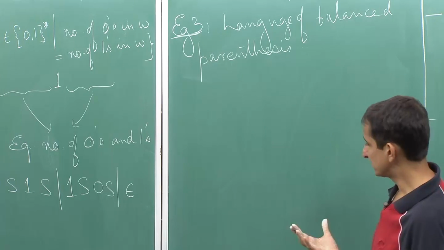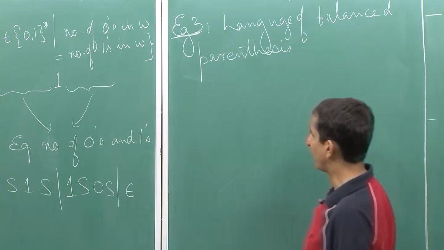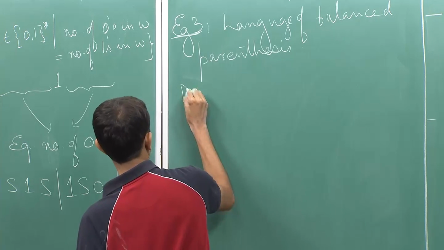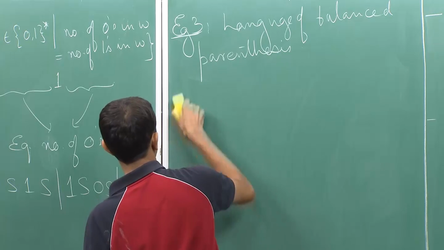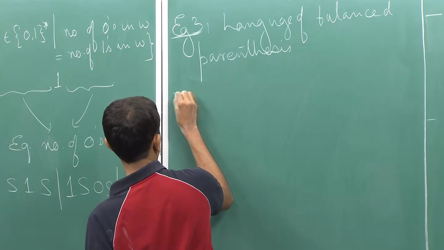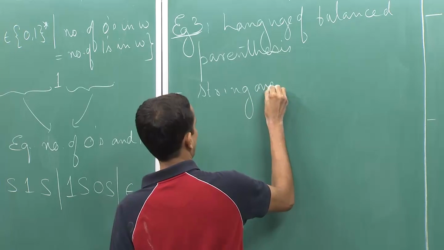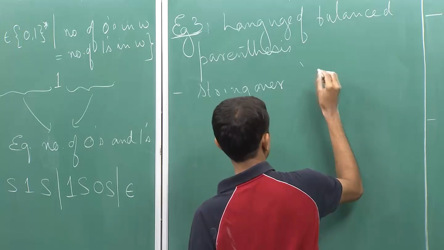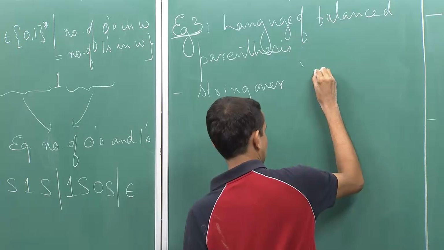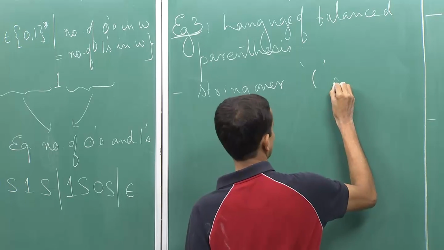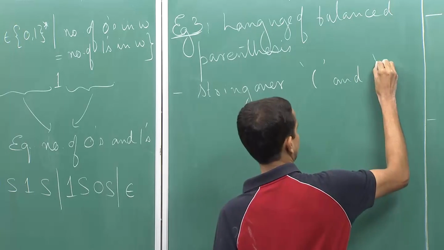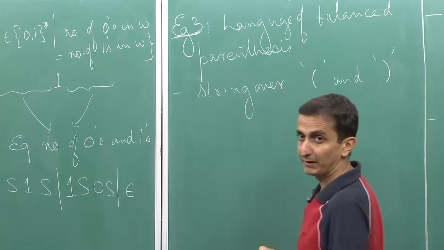So, basically balanced parenthesis is a string over 2 symbols, the left parenthesis and the right parenthesis.